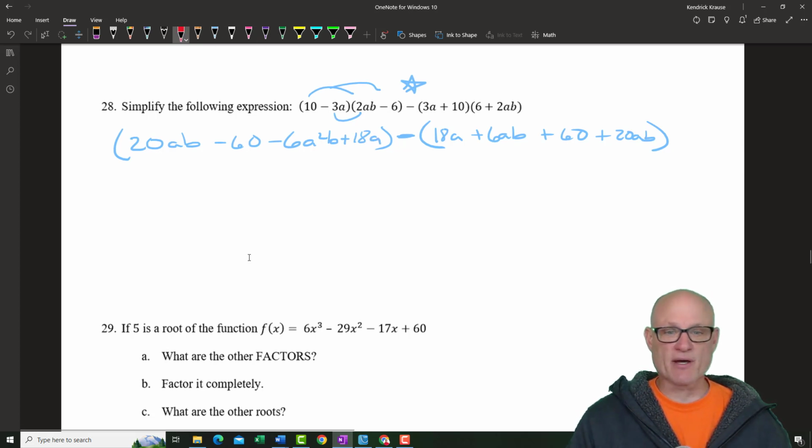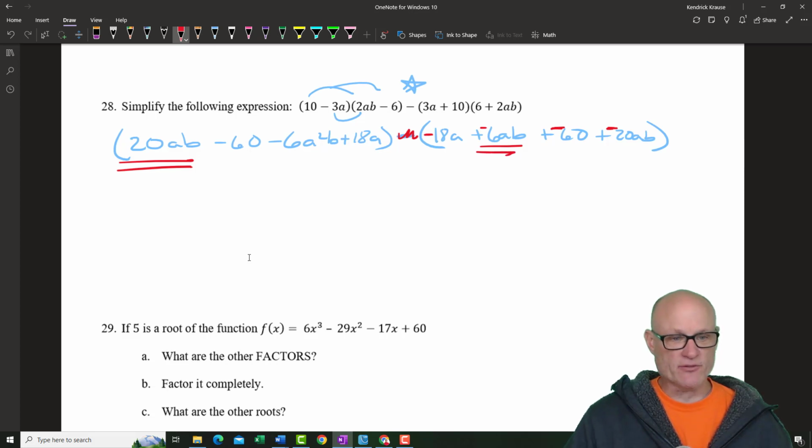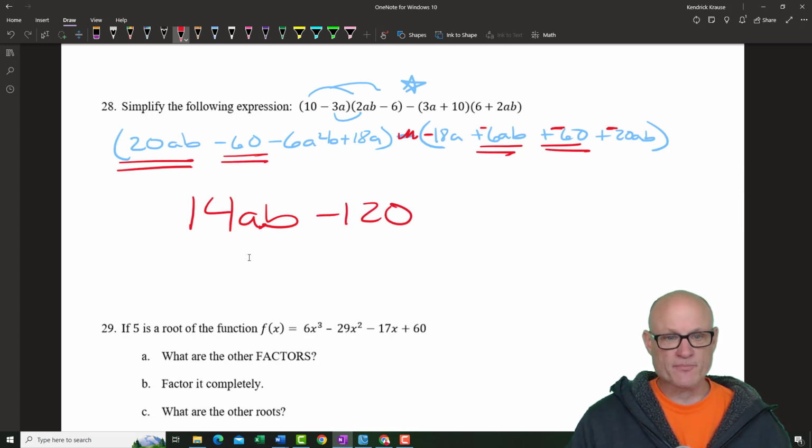Now, if I think about it, I'm just going to distribute. So this becomes negative, this becomes negative, this becomes negative, and this becomes negative. And I don't need to worry about this anymore. So 20ab minus 6ab is 14ab. Negative 60 and negative 60 make negative 120. Negative 6a squared b.